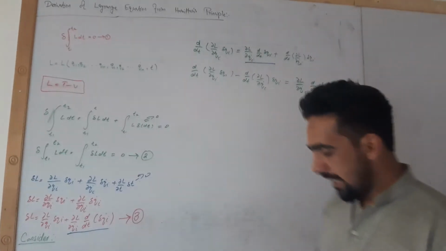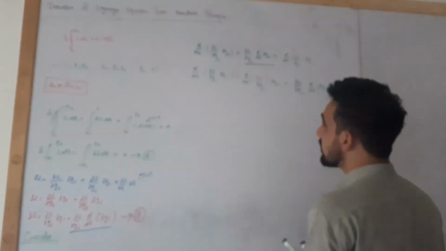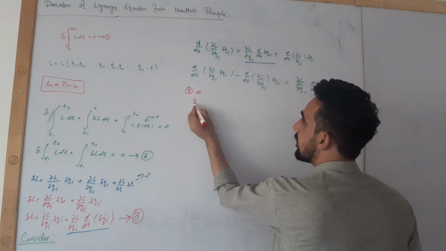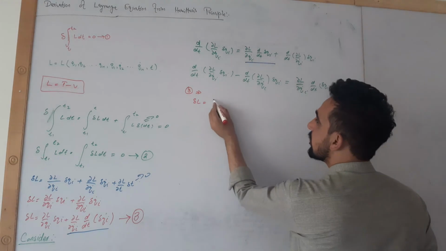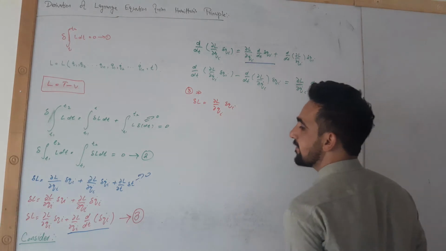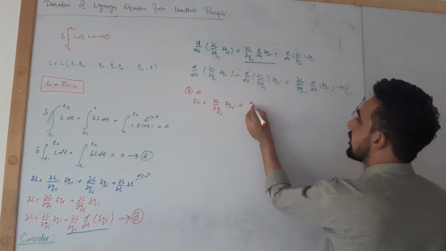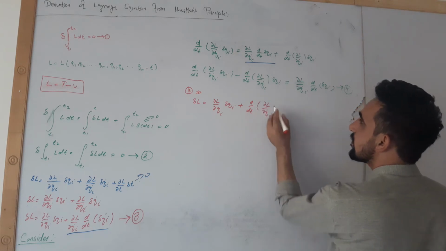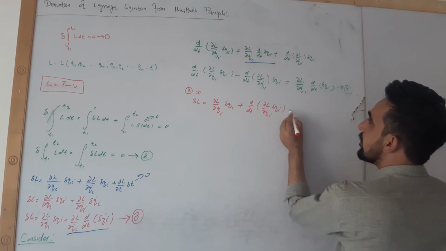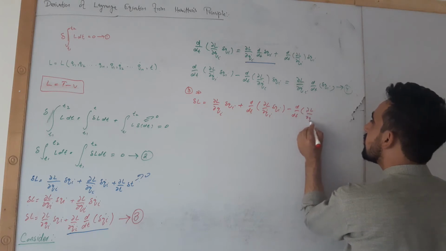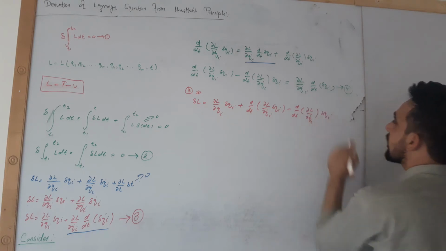Now substitute equation 4 in equation 3, we get del L is equal to partial L by partial qi del qi plus d by dt of partial L by partial qi dot del qi minus d by dt of partial L by partial qi dot del qi.